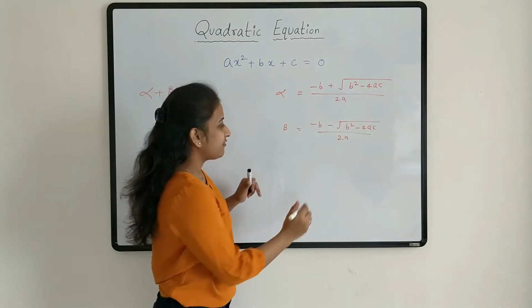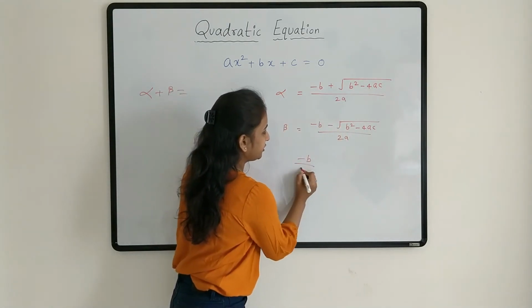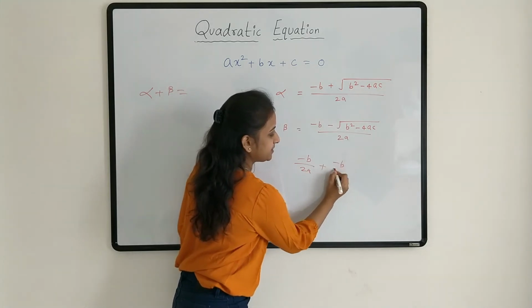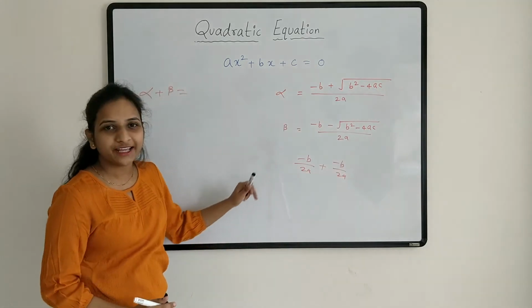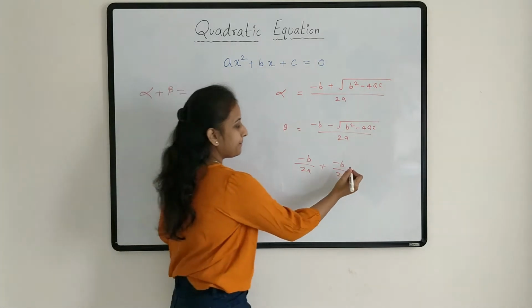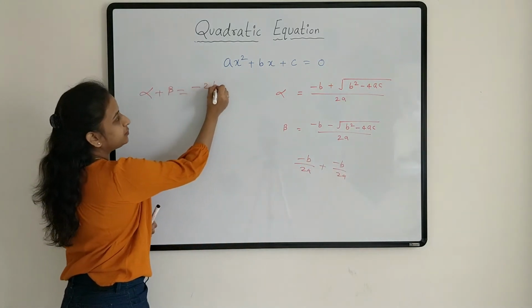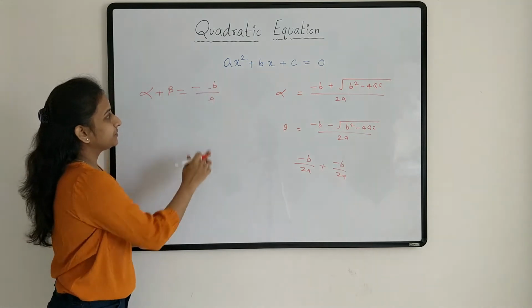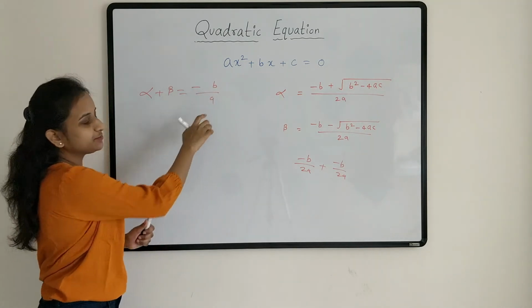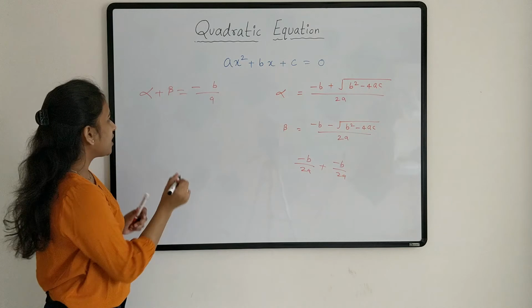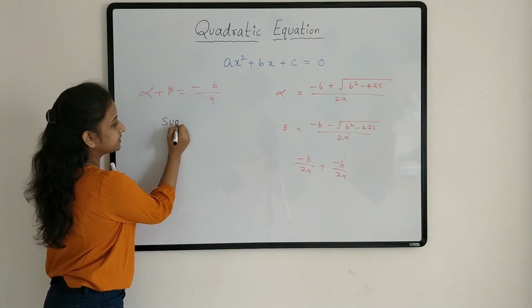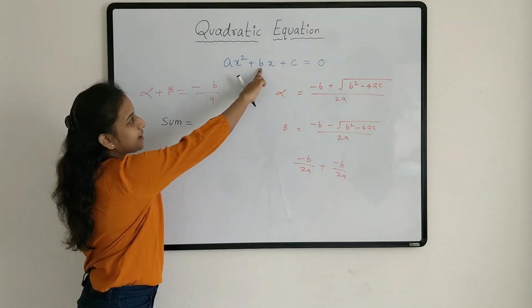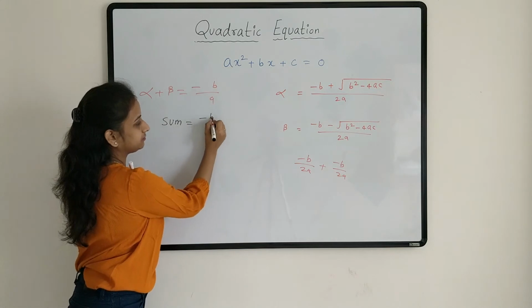So then we are left with minus b by 2a plus minus b by 2a while adding. So we will get minus 2b by 2a. 2 gets cancelled. So we are left with minus b by a. Means what? Sum of the roots is nothing but minus b by a.